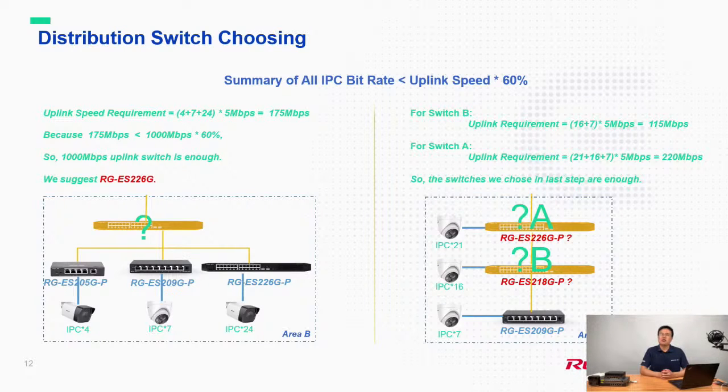Because both of these uplink requirements are less than 1000 Mbps, the switches we chose in the last step are enough.